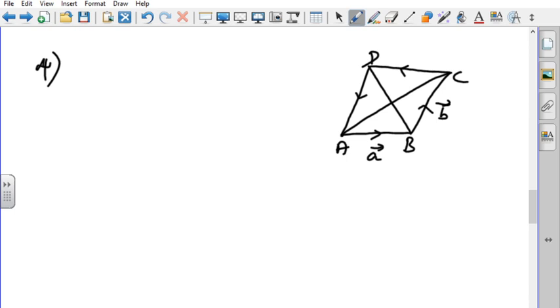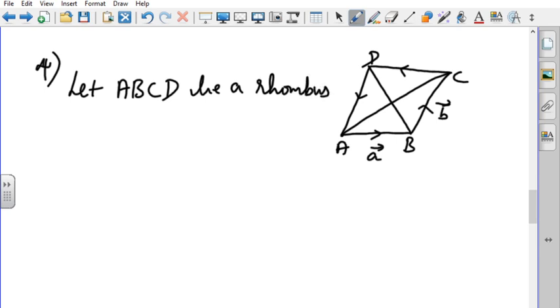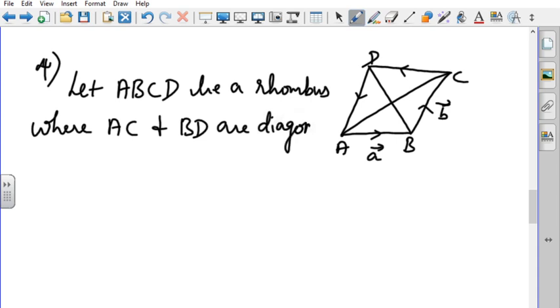Okay. Now let us go to the problem. Let ABCD be a rhombus where AC and BD are diagonals. We have to prove that the diagonals intersect each other at right angles.